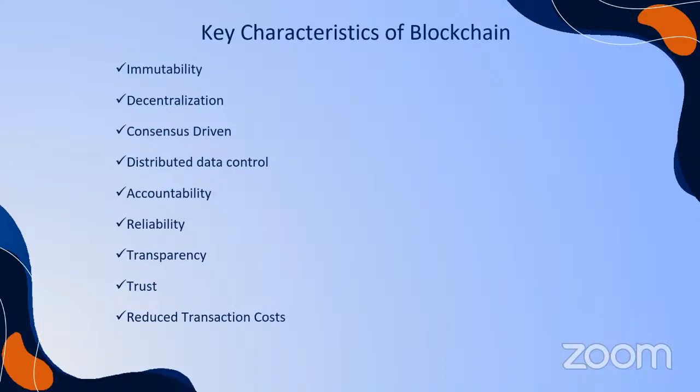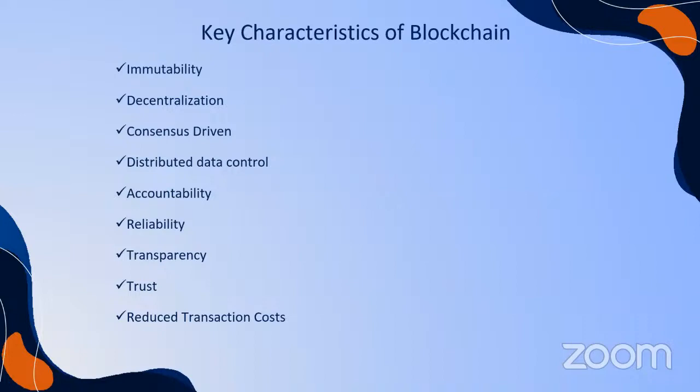So we discuss immutability first. Blockchain technology ensures that once data is created, it cannot be modified under any condition. All the data is distributed in a secure public ledger. In decentralization, a distributed ledger is a decentralized digital ledger for storing transactions or any information consistently and securely.